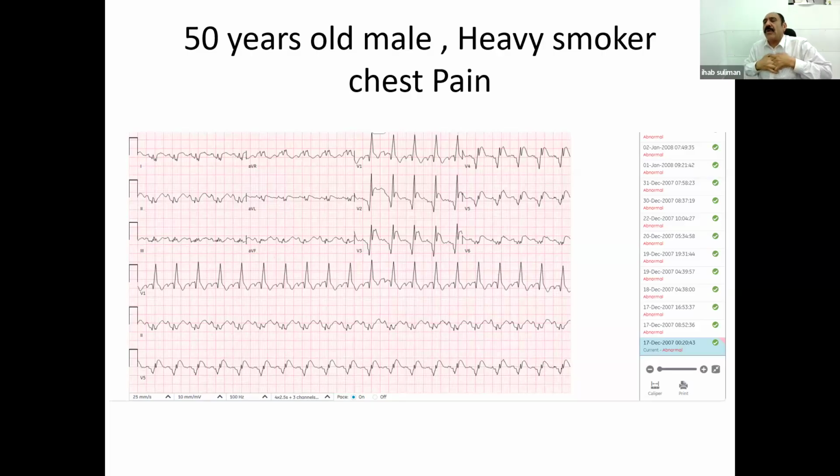Chest pain, as you all know, will be retrosternal. Sometimes it is fist-like, or the patient is holding his hand all over his chest. This is called Levine sign, after the American cardiologist Samuel Levine.